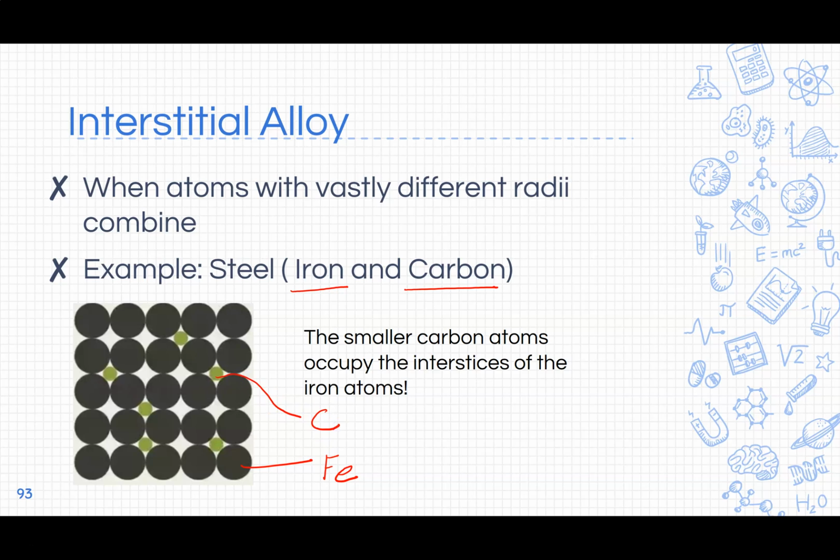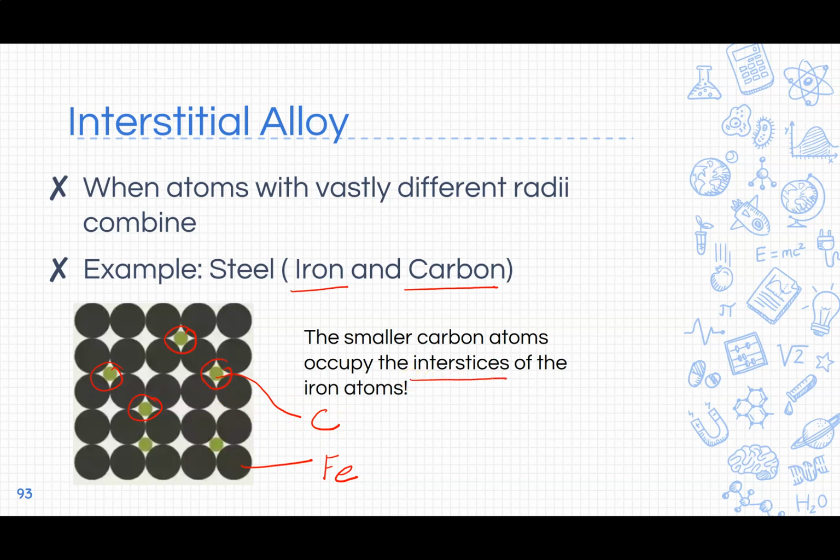In an interstitial alloy, you'll see that the small carbon atoms fit in these spaces in between the iron. The way alloys are made is, in this case, they would heat iron and heat carbon and then mix them together, and the carbon atoms would slide into these spaces, or interstices.